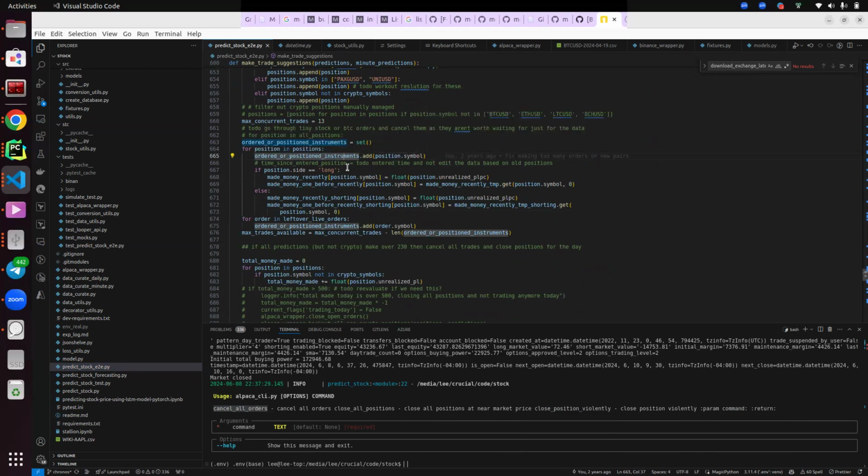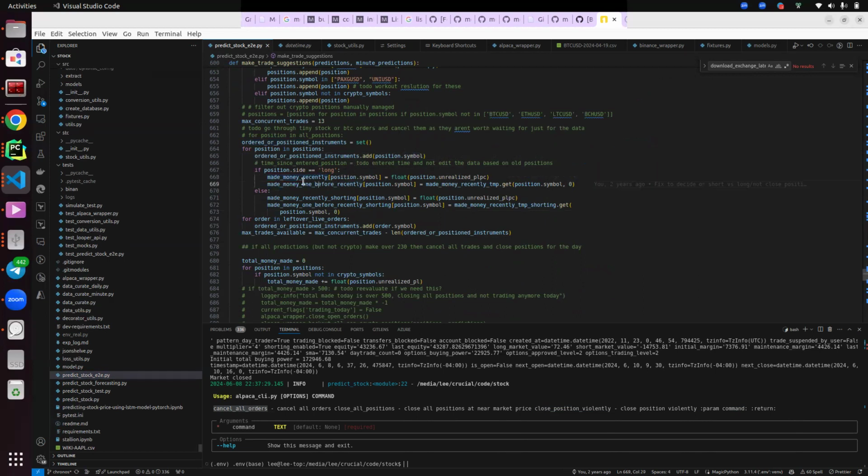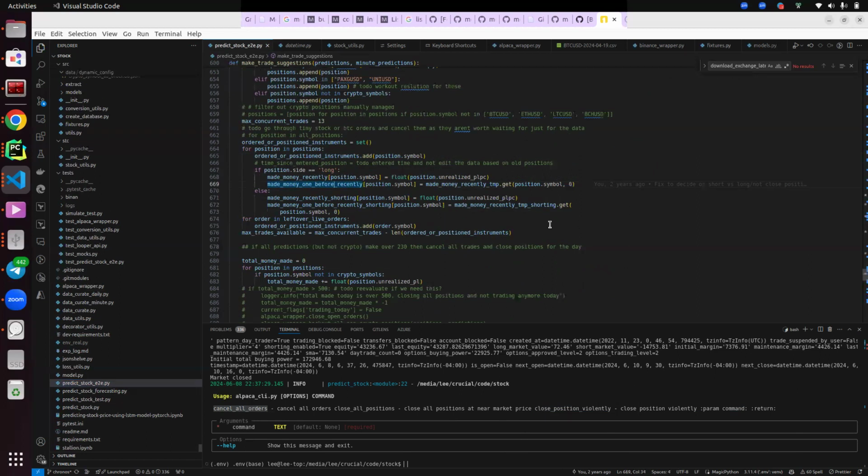So this is the things that we've ordered. This is a pretty hacky way, but I do keep track of one before as well. And I make sure that I've been making money over two previous trades before I go into another trade. So it's quite a simple way to make sure that you don't lose money by just making constant bad trades.